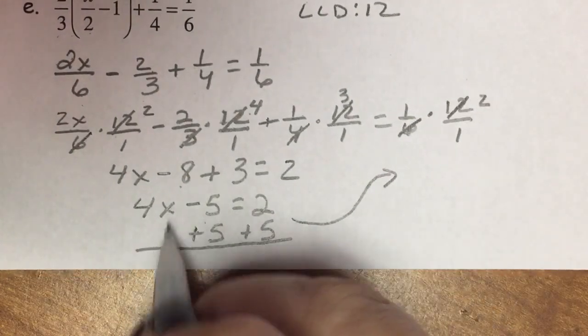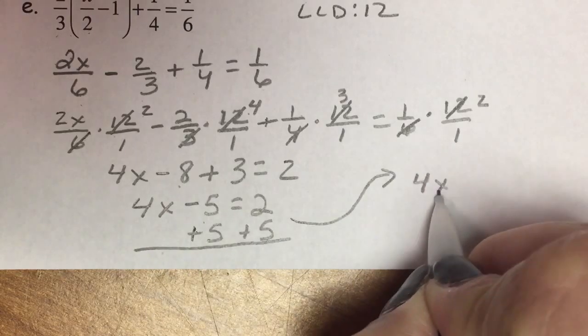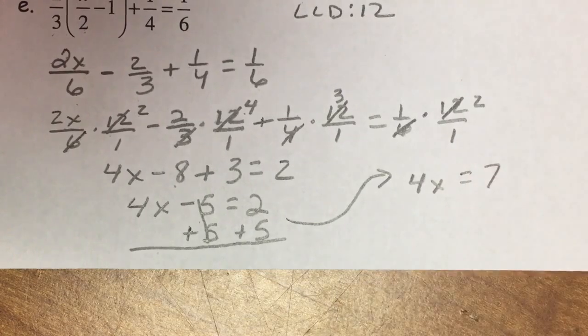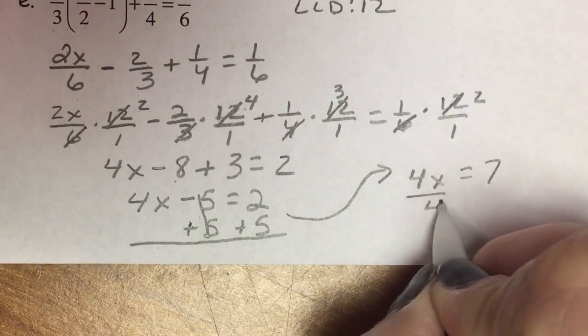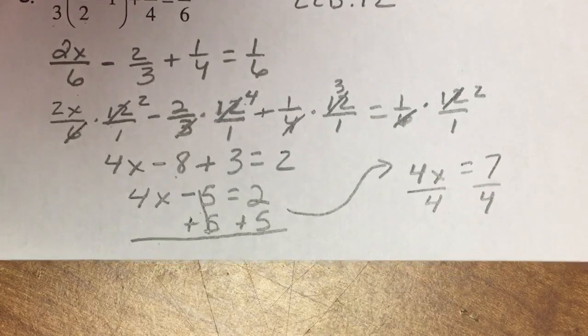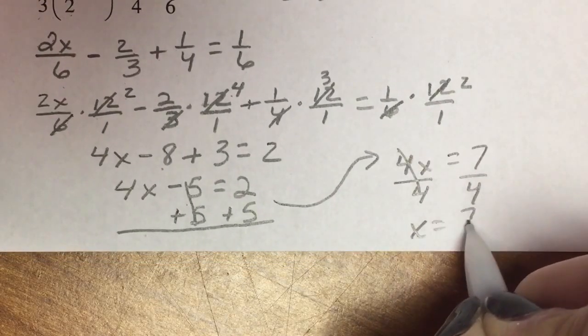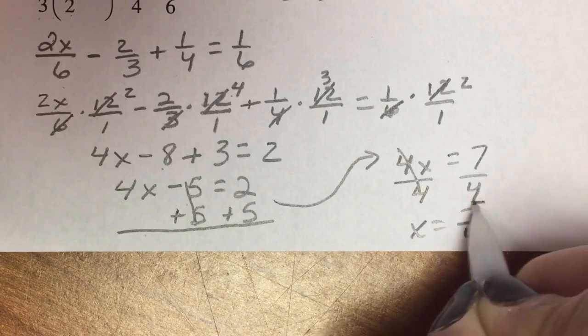So when I do that, I'm going to end up with 4x. The 5's are going to cancel, is equal to 7, 2 plus 5. And then simply divide both sides of my equal sign by 4. And I'm going to get x equals 7/4.